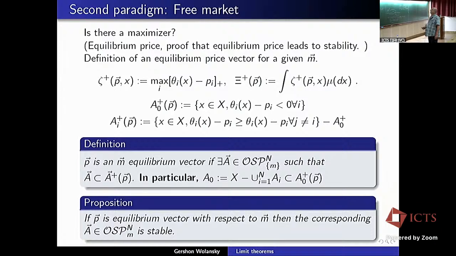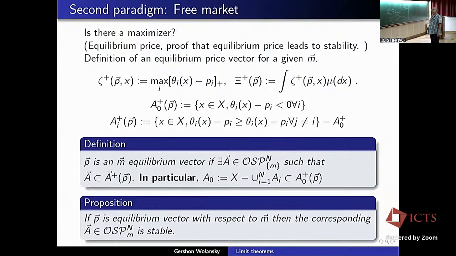And A plus will be the set of all points where the profit is maximum among all other items. Okay, minus this set, minus A0 plus.